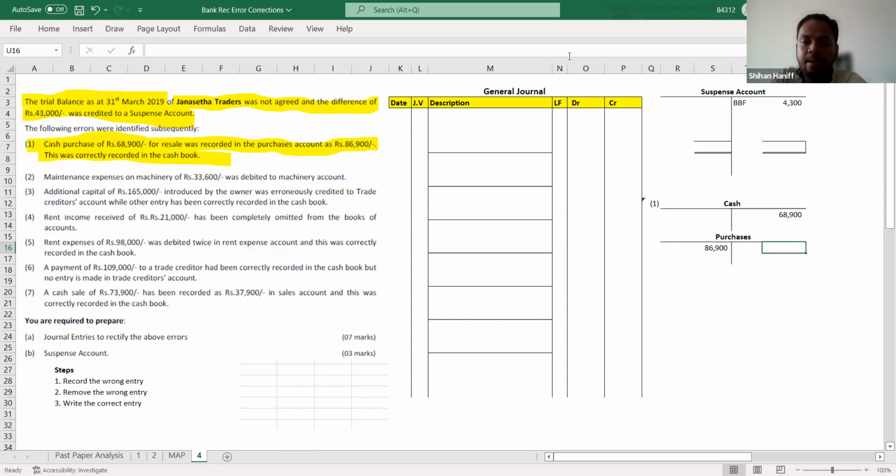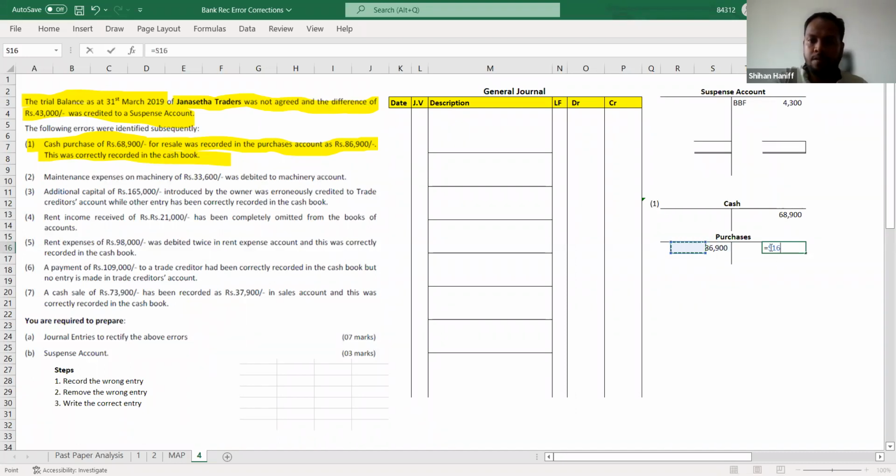From this 86,900, there is an extra additional balance. How much is the additional balance? $18,000. So that 18,000 we have to deduct.